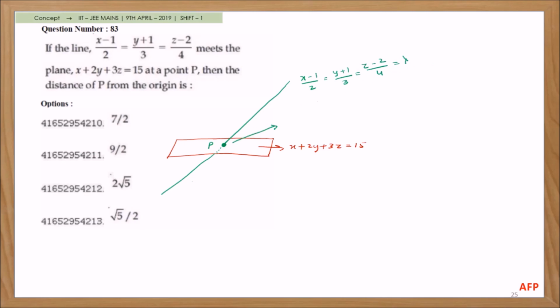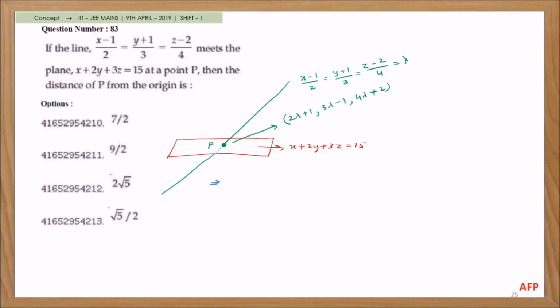So then this point will be, x ordinate will be 2 lambda plus 1, y will be 3 lambda minus 1, and z is 4 lambda plus 2. So this is the point. This point lies on this plane, so we will substitute this point in this plane.